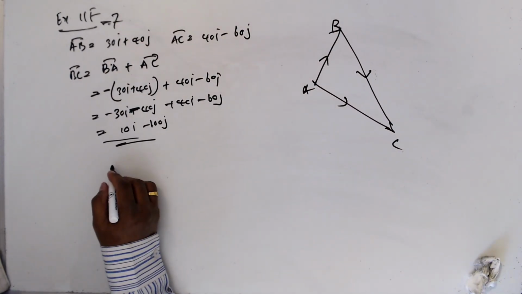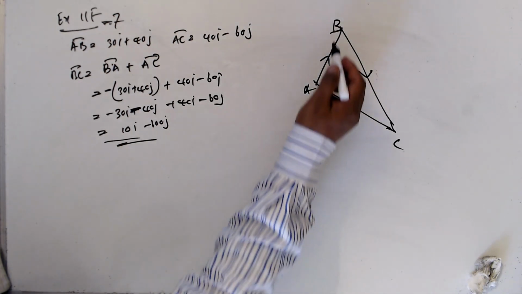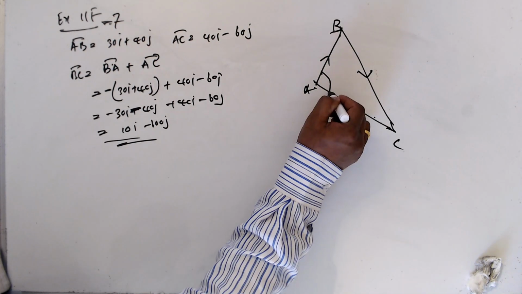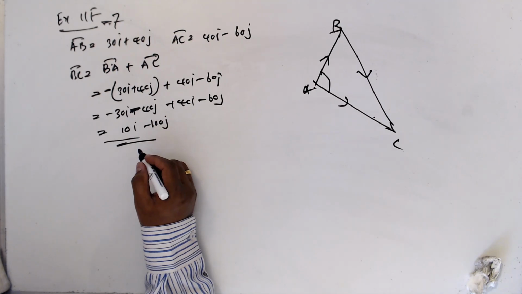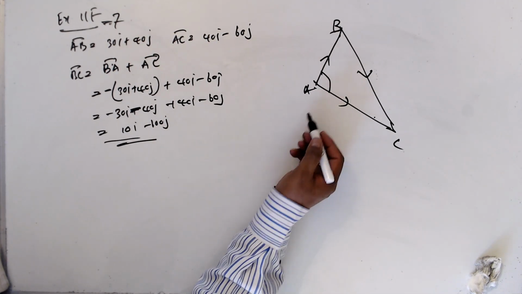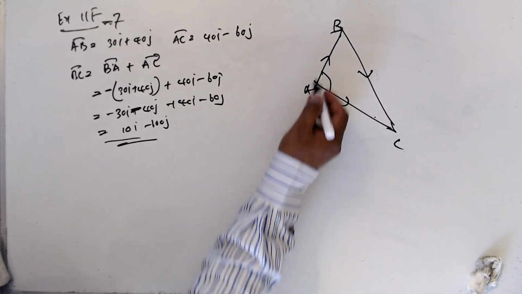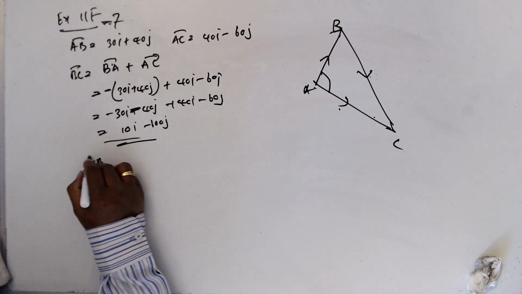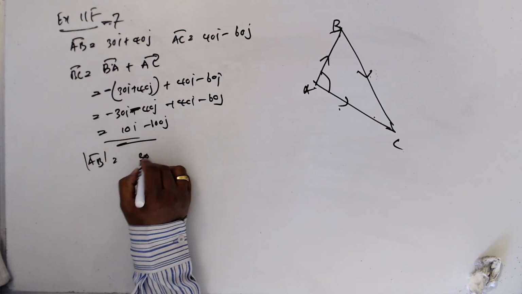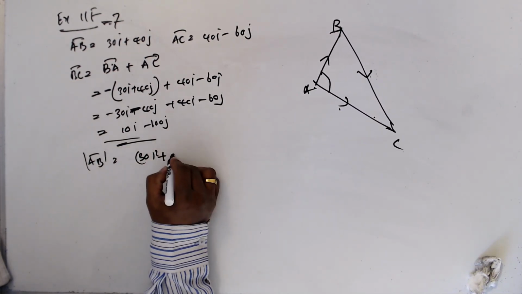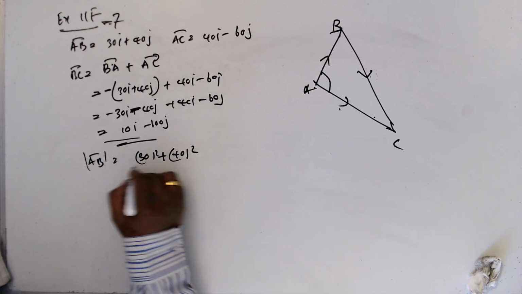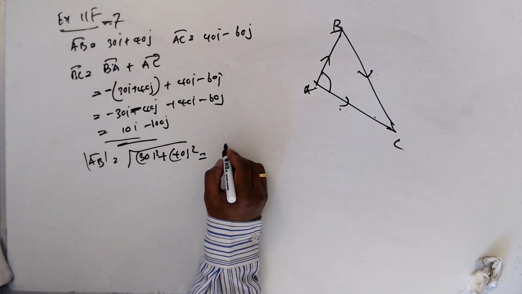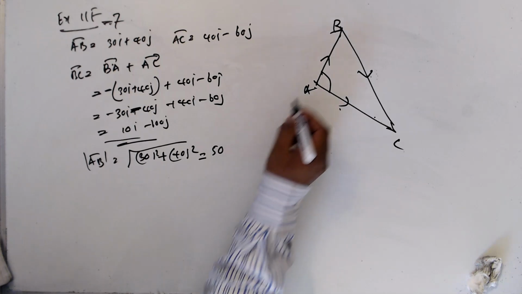Now find the size of angle BAC and the area. So we need to find this angle. We have to use cos. Then we have to know these distances. So the magnitude of AB is the square root of 30 squared plus 40 squared, which is 50.